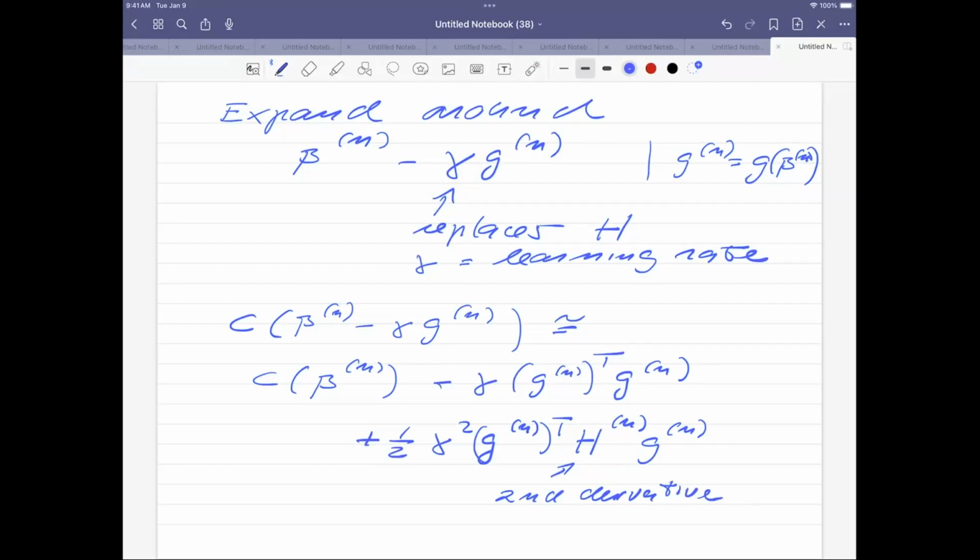And this is a quantity which we obviously don't want to calculate. If I now take the derivative with respect to that quantity and drive this to 0, what I'm going to do now is simply rewrite g of n in terms of g, and replace the Hessian matrix h of n with h, just to simplify the equations.